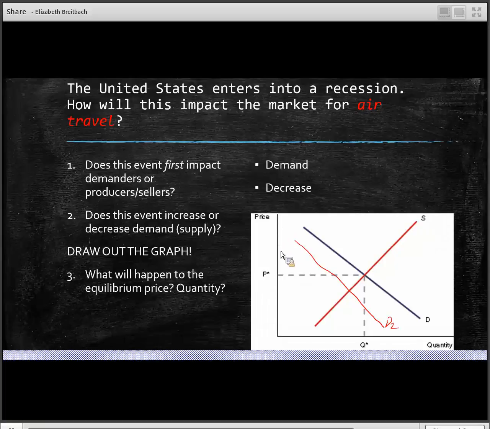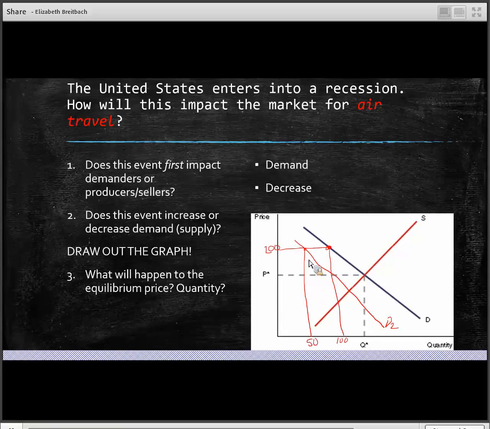Let's say this is the price of a $200 ticket somewhere, and let's say that there were 100 tickets bought and sold at that price. But now, not changing the price at all, all that changed was now we're in a recession. Now instead of 100 tickets being demanded, there's only 50 tickets demanded.